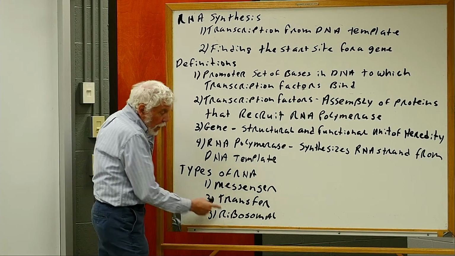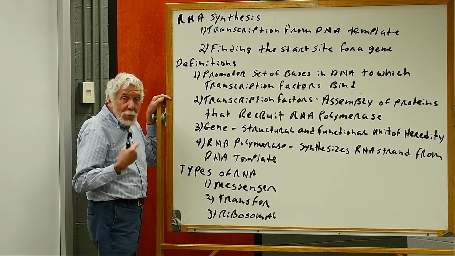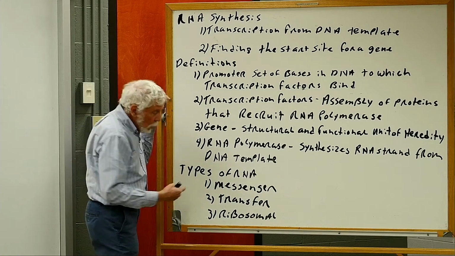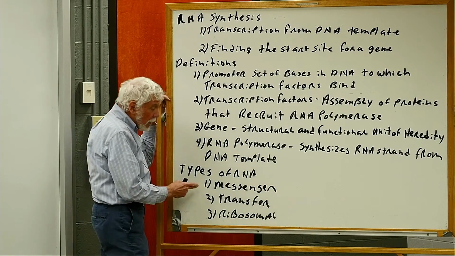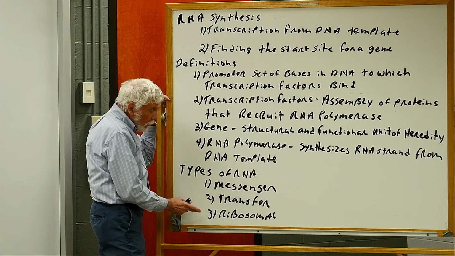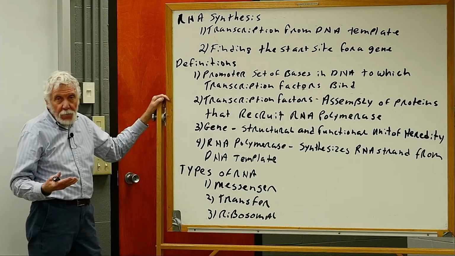The ribosome is made of ribosomal RNA, and the ribosome is where the peptide bonds are going to be made. And we'll talk about this mostly tomorrow when we bring these 3 characters together, messenger RNA, transfer RNA, and ribosomal RNA, into the process known as translation.